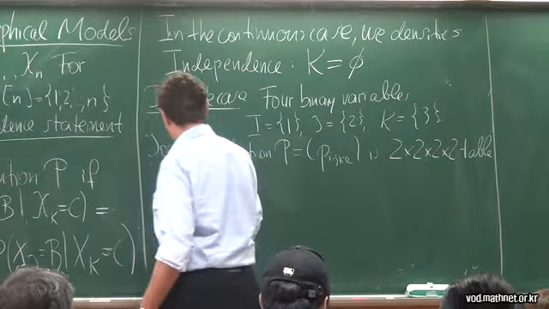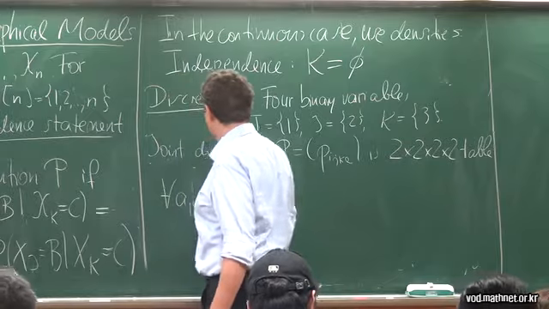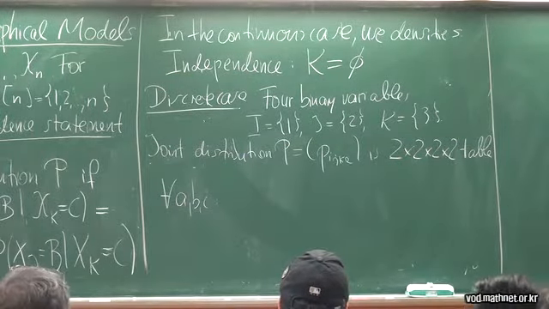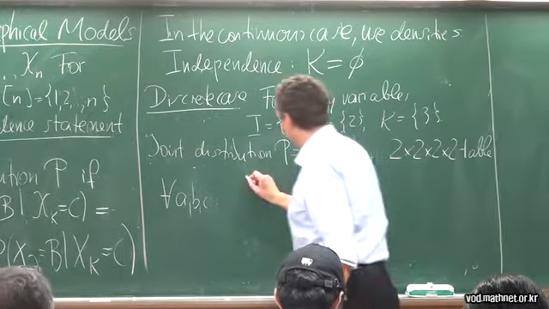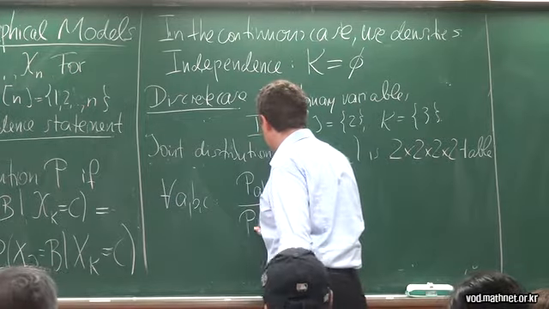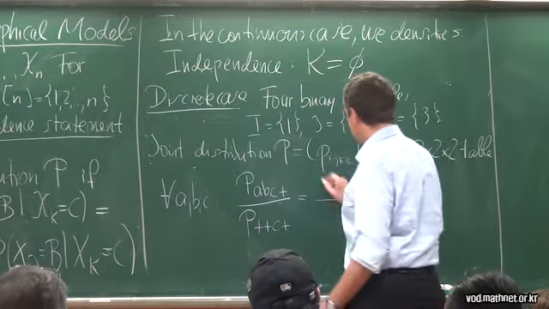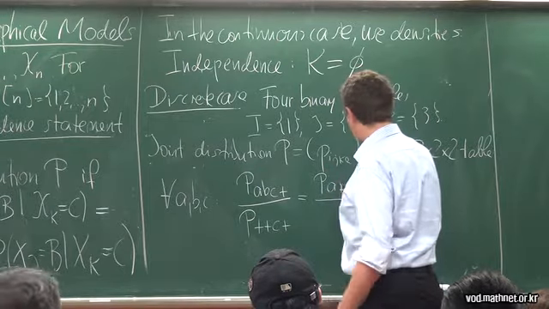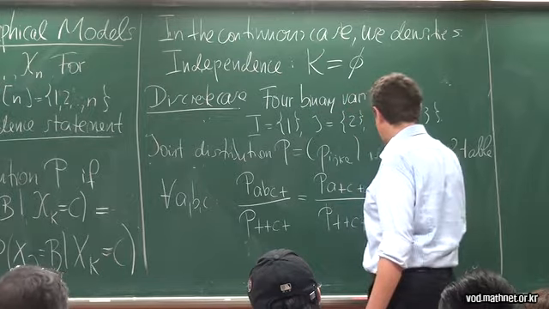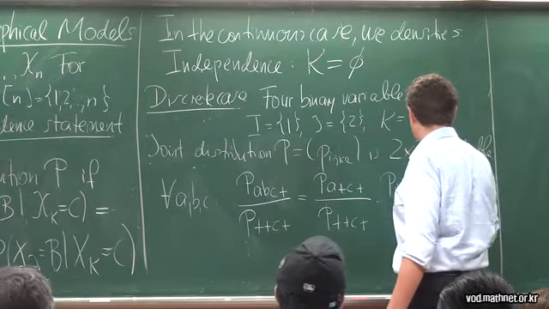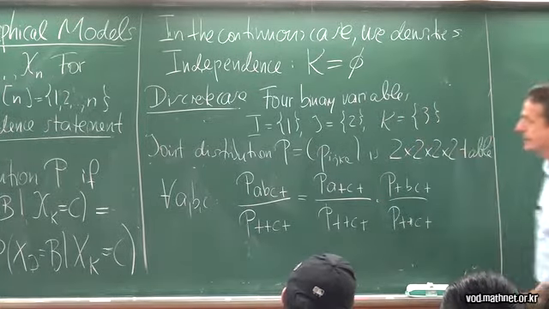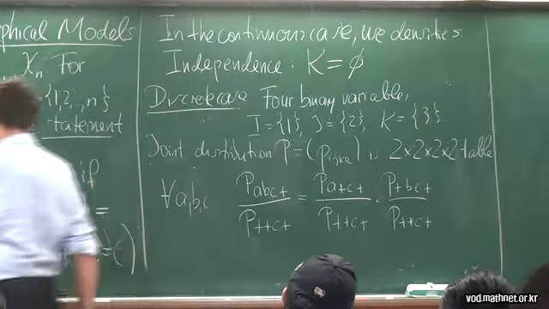And then the statement translates, for all A, B, and C, which are states 0 or 1, to P_{ABC+} divided by P_{++C+} equals P_{A+C+} divided by P_{++C+} times P_{+BC+} over P_{++C+}. That's the translation of these conditional probabilities.